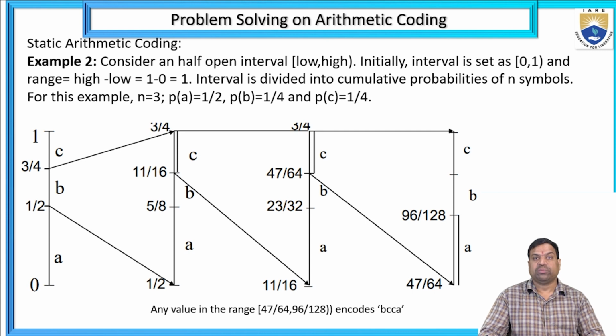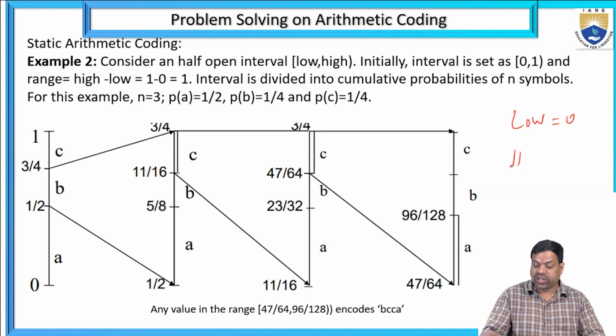Static arithmetic coding. Consider a half open interval, low and high. Initially the interval is set from 0 to 1, and the range, high minus low, is 1 minus 0. When low equals 0 and high equals 1, the values are always like this. The interval is divided into cumulative probabilities of n symbols.